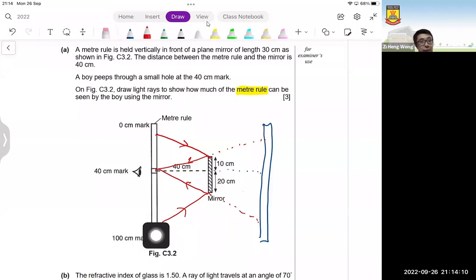The light actually comes from here and bounces off. But because our eyes see things as if light travels in a straight line, when we look through, our eyes create this virtual ray and assume that what we are seeing is here. But what is actually happening is the light comes from here, bounces off the mirror, and goes into your eye.